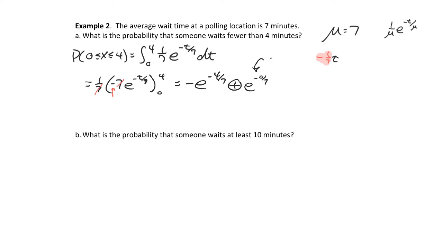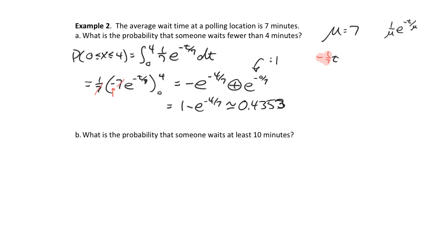Well, that's equal to 1. So we end up with 1 minus e to the negative 4/7. That is approximately equal to about 0.4353, if you want a decimal approximation.